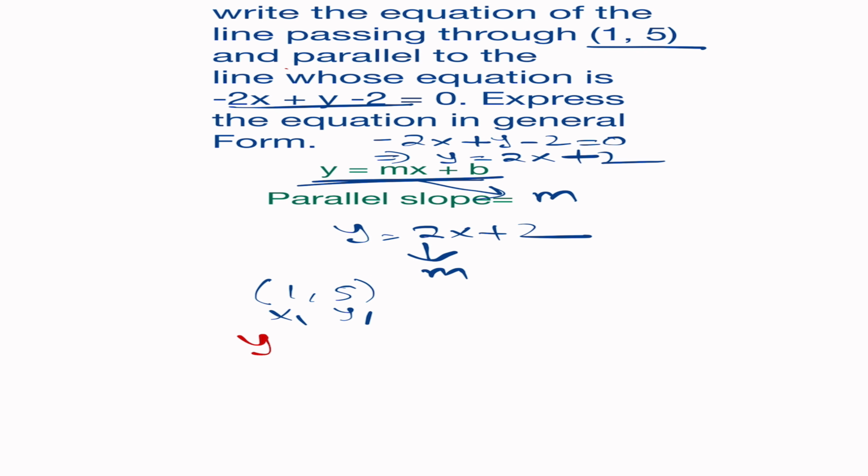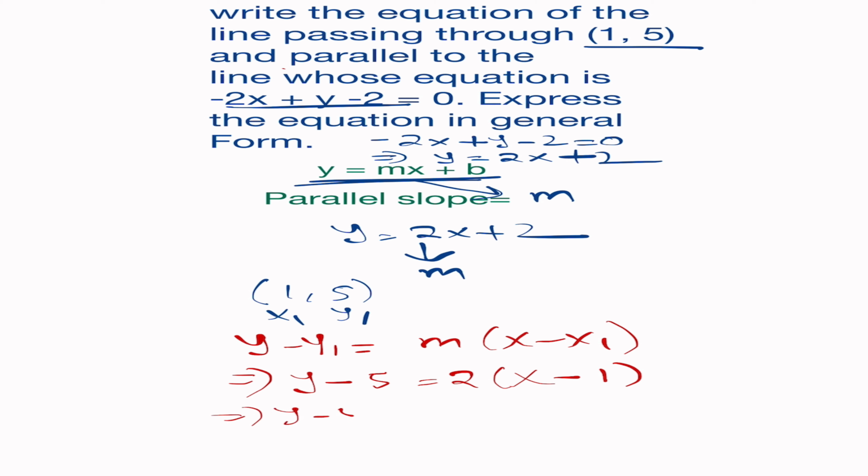So now, if you take a look, we have a point (1, 5). So this is our x1, this is our y1. Now let's write down the point slope formula: y minus y1 equal m times (x minus x1). y1 is 5 here, the slope m is 2, and x1 is 1.